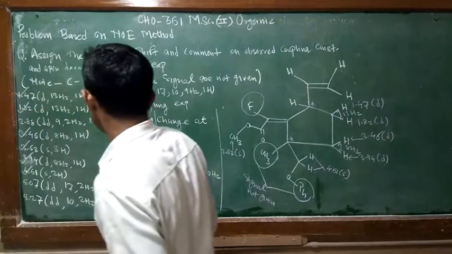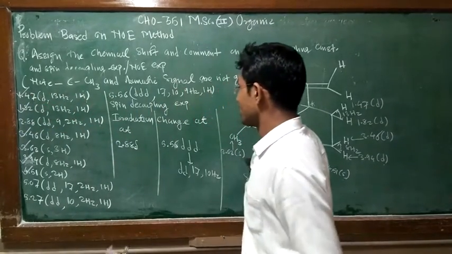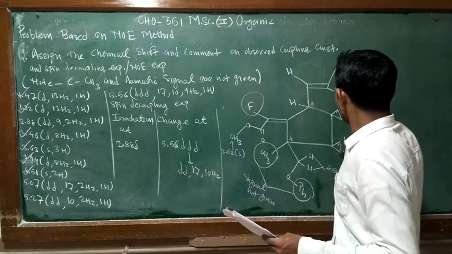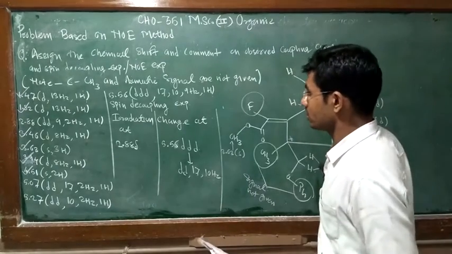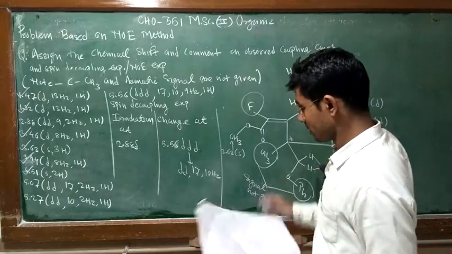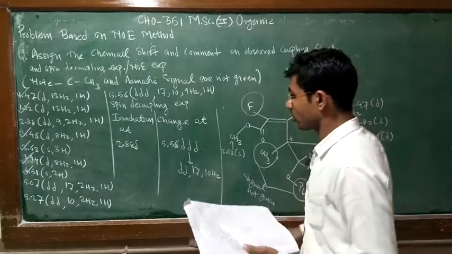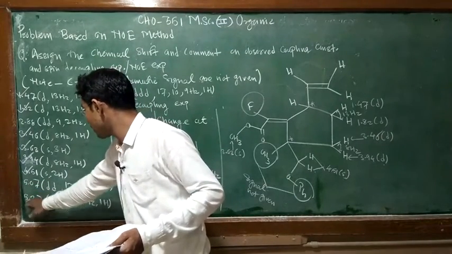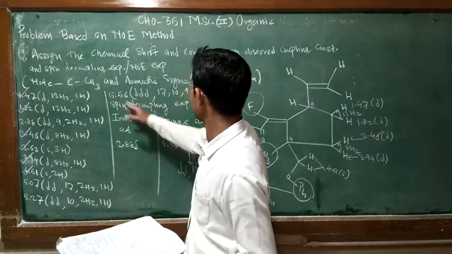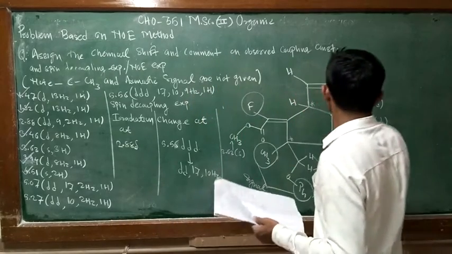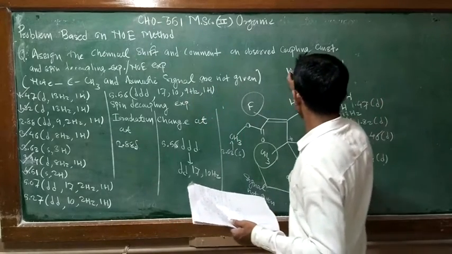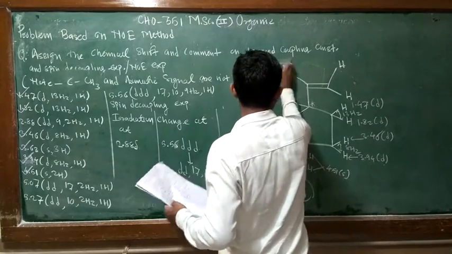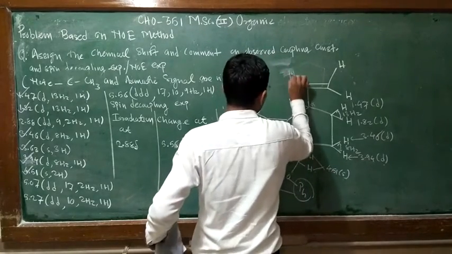So next is the alkene proton. For the alkene protons there are 3 signals given: 5.017, 5.07, 5.27 and 5.56. Why do we assign 5.56 to this proton?